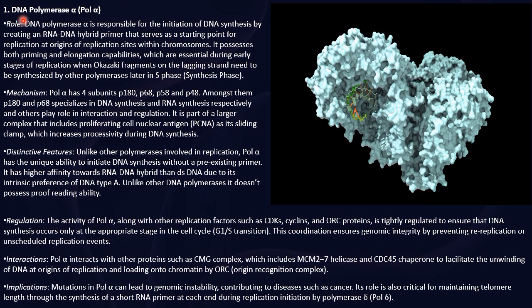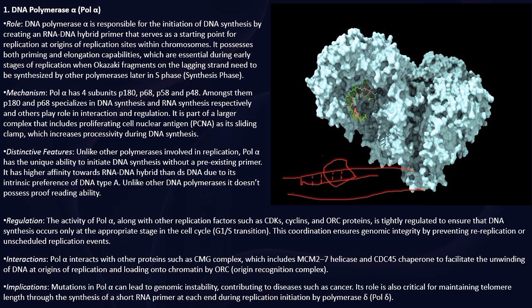The processivity of the RNA polymerizing subunit, which is P68, is comparatively very low because it only creates a 10 to 15 nucleotide RNA primer. So suppose this is the 10 to 15 nucleotide RNA primer, and the polymerase moves in this direction.